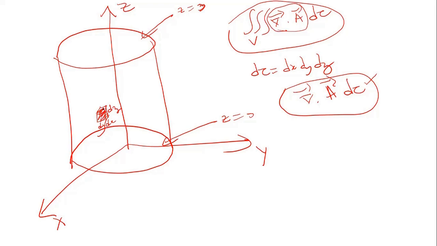So this will give us an estimate of the net outflow of the vector A within this volume element.